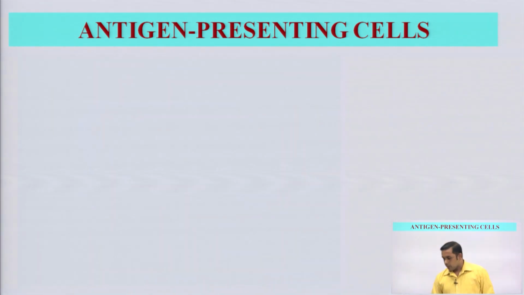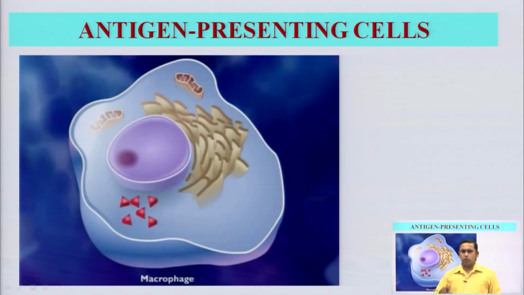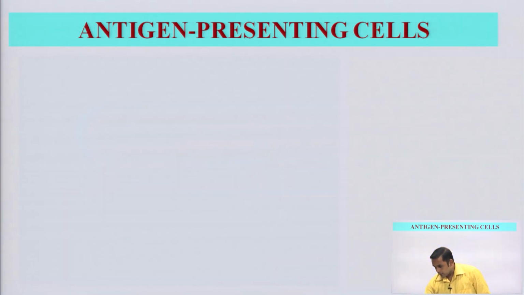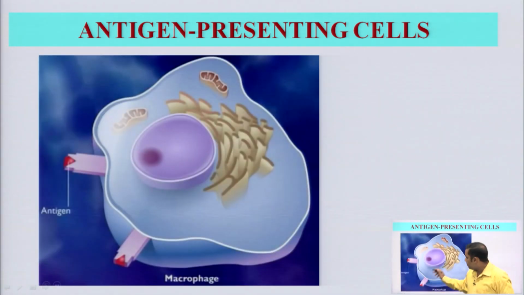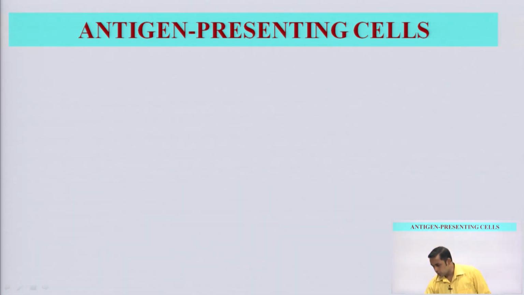There are lots of enzymes and chemicals present in that macrophage, so it will chop the pathogen into various pieces, and then the macrophage will present those pieces as an antigen. To whom? To T cells. How? Let me show you.